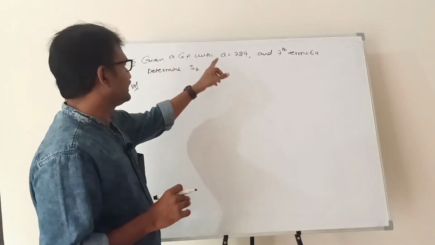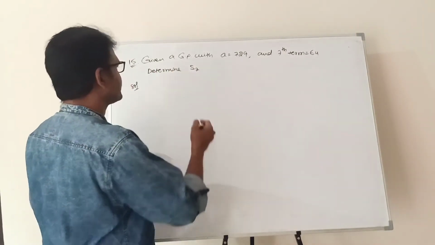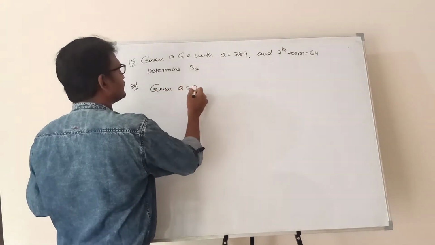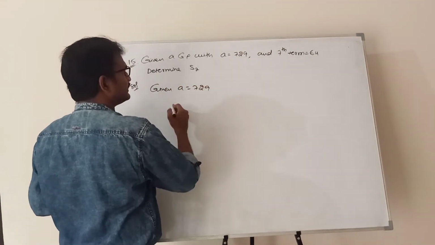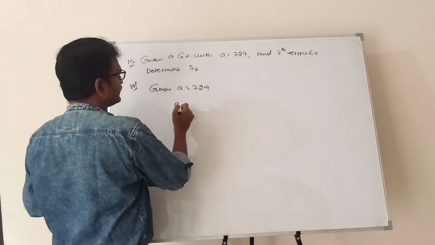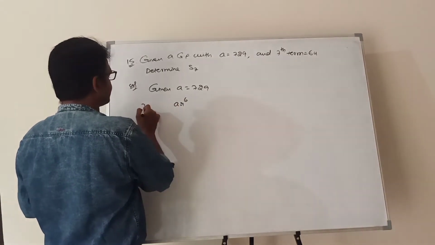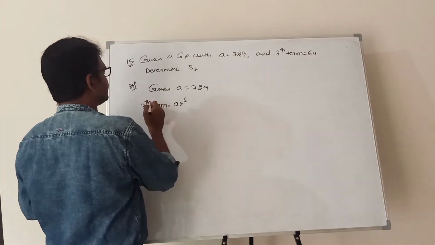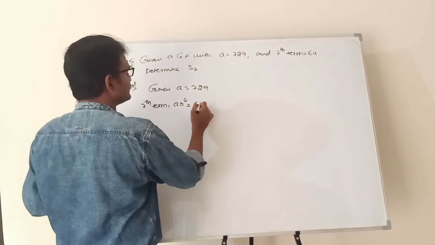Next problem, given a GP with a is equal to 729. What is given? Given a is equal to 729 and the seventh term. The seventh term means a into r power 6, which is equal to 64.